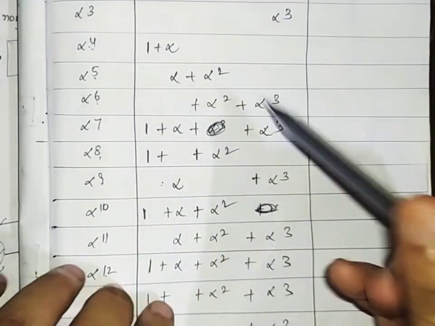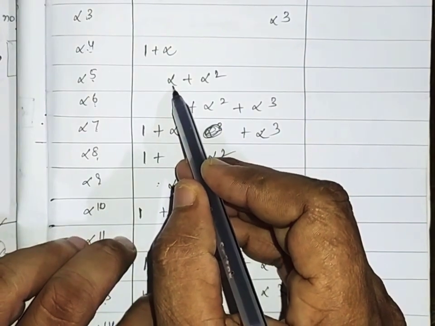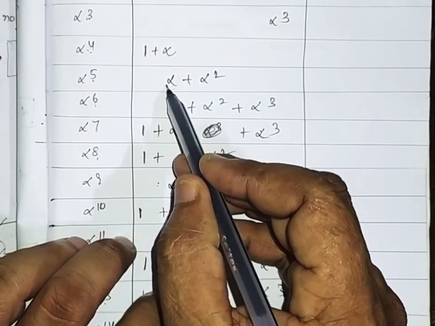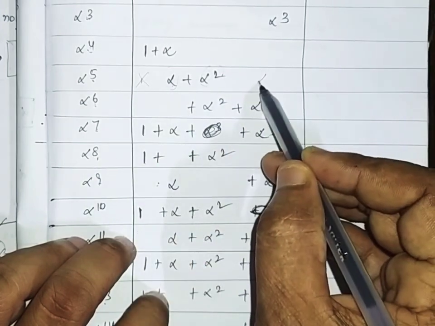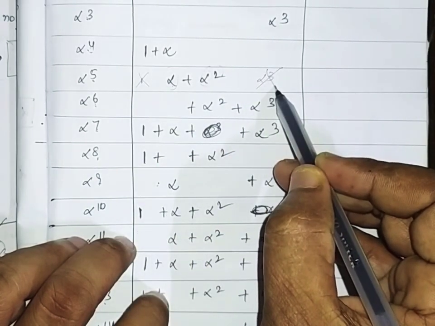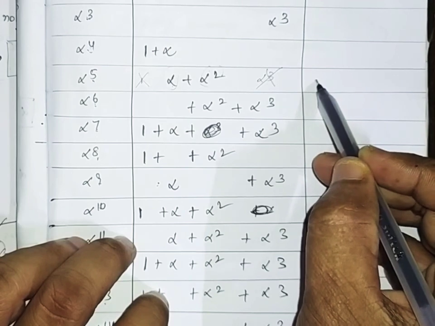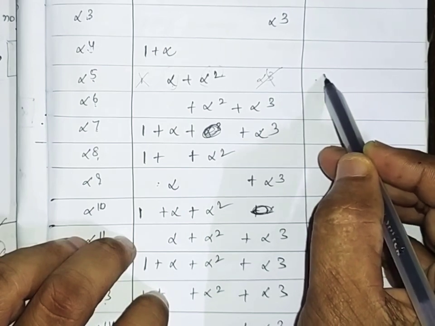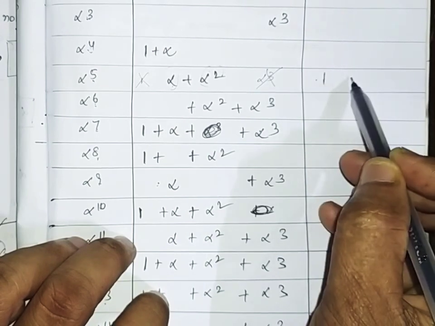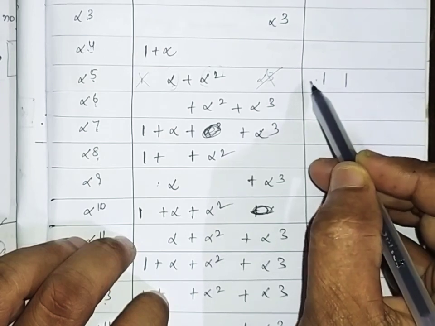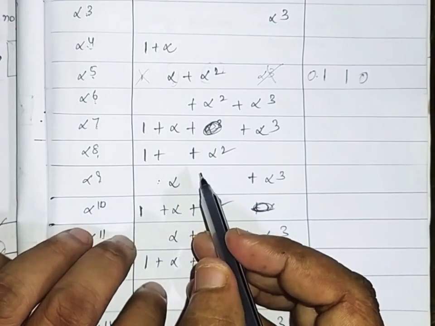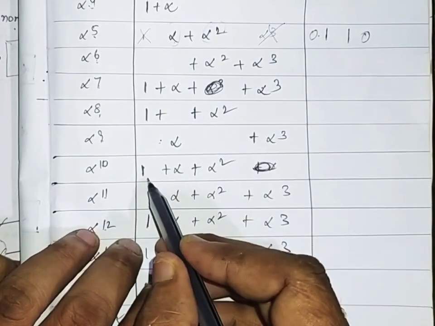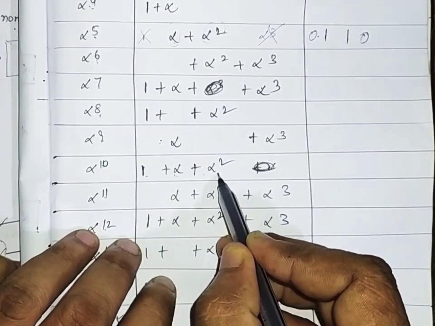Now let us consider this. In this particular equation, we have only the alpha term and the alpha square term. There is no 1 term and there is no alpha cube term. So therefore, the representation for this one is alpha 1, and next one is alpha square 1, and the remaining terms are 0. Let us consider one more example, 1 plus alpha square.